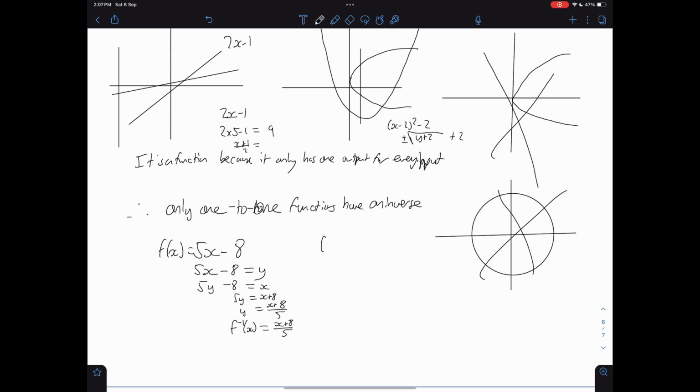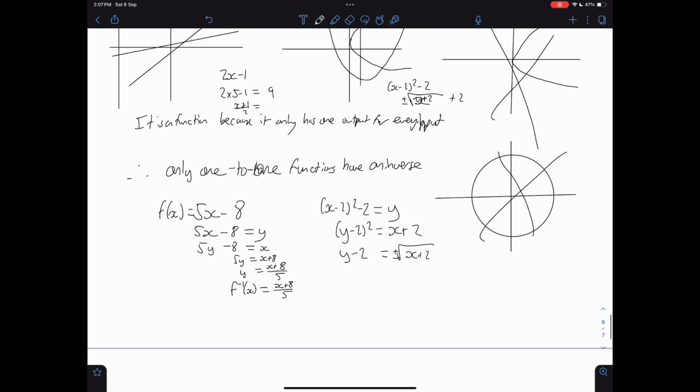And for this one, change them around, plus or minus, that should be an x, and then y equals 2 plus or minus the square root of x plus 2.